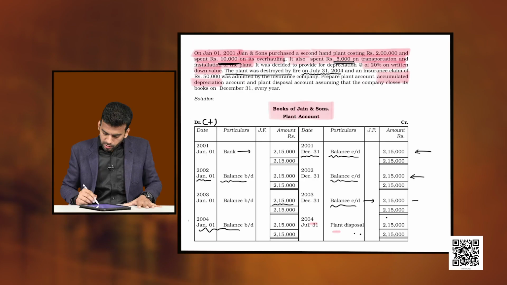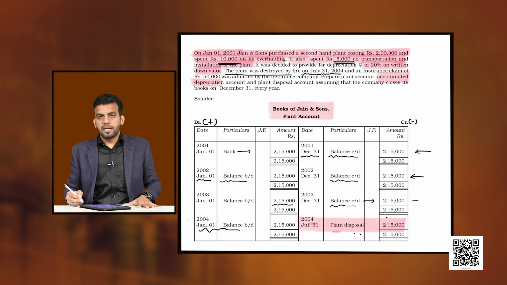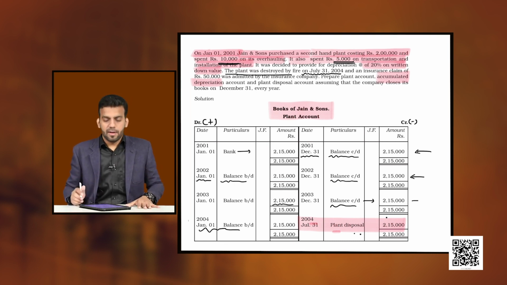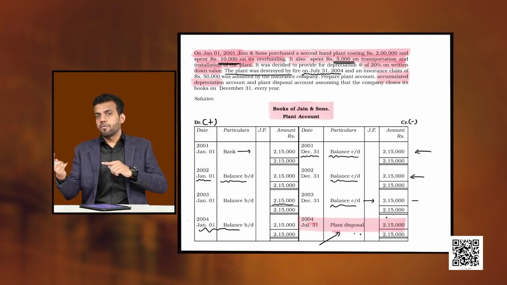So, on 31st July, on the credit side of plant, we write plant disposal, 2,15,000 is gone, to the plant disposal account. From the credit of plant to the debit of plant disposal, 2,15,000.